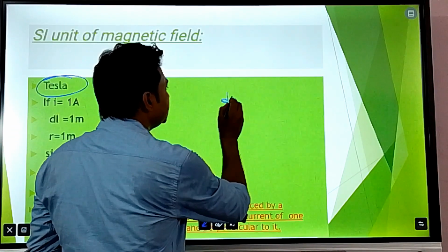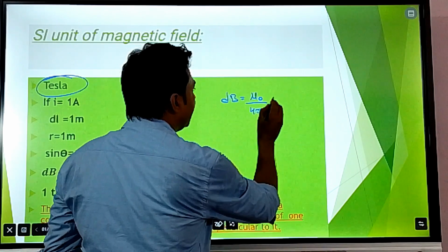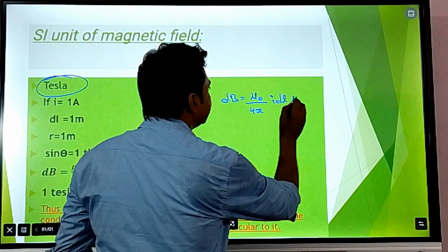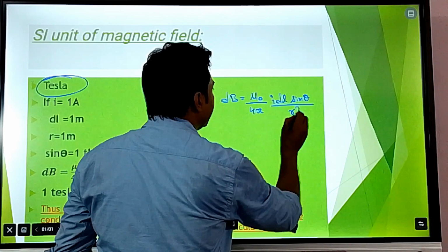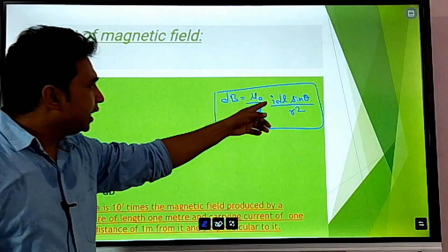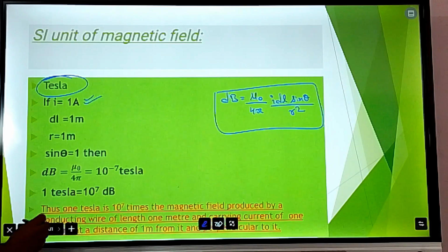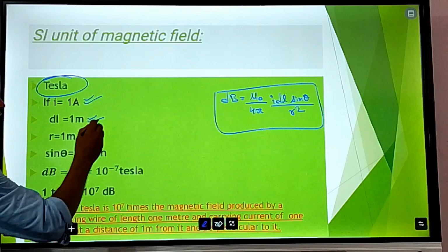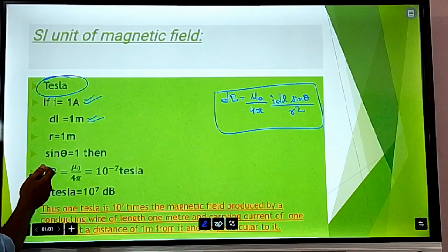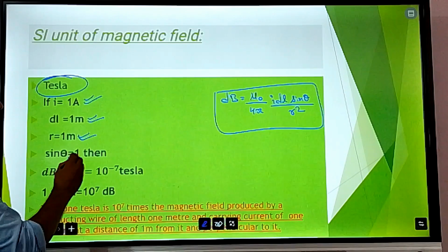We know this is our Biot-Savart law: dB equals mu naught by 4 pi, I dl sin theta by r square. So what I am going to do is take the value of the current as 1 ampere, and the length of the current element as 1 meter, in the SI system. The length of r is 1 meter and sin theta is 1.